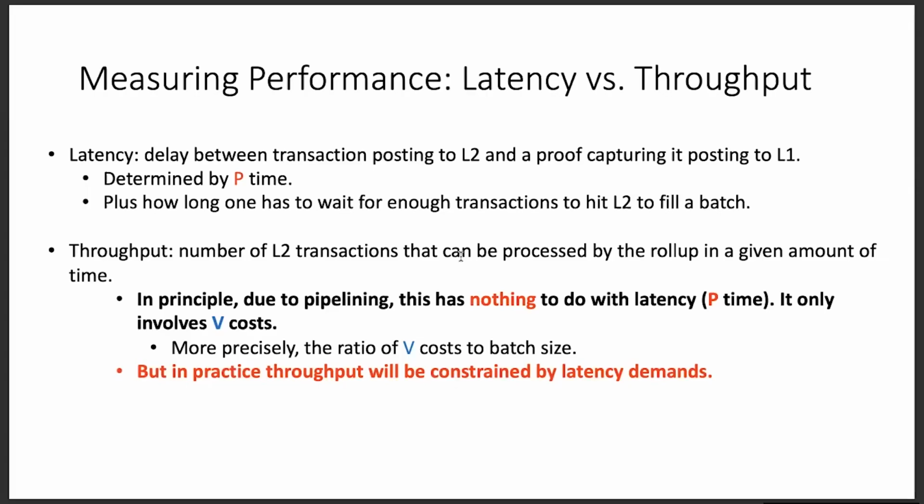Okay, so people obviously care about latency. This also means, by the way, if your transaction that's in a batch is a withdrawal transaction, I think you don't actually get your money back on chain until a proof capturing that withdrawal transaction hits the chain.